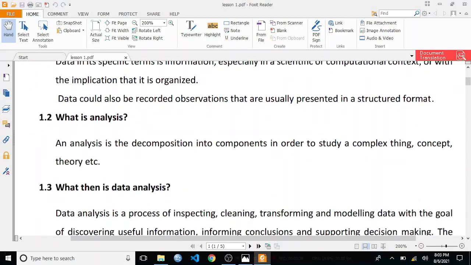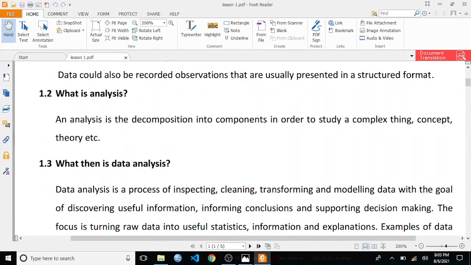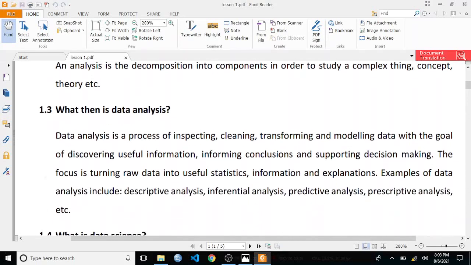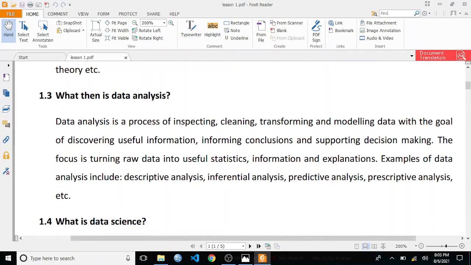What is an analysis? An analysis is the decomposition into components in order to study a complex thing, a concept, a theory, etc. What then is data analysis? Data analysis is a process whereby we inspect, we clean, we transform, and we model data with the goal of discovering useful information, informing conclusions, and supporting decision making.